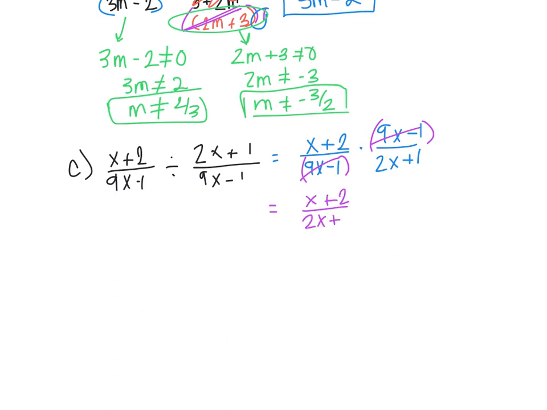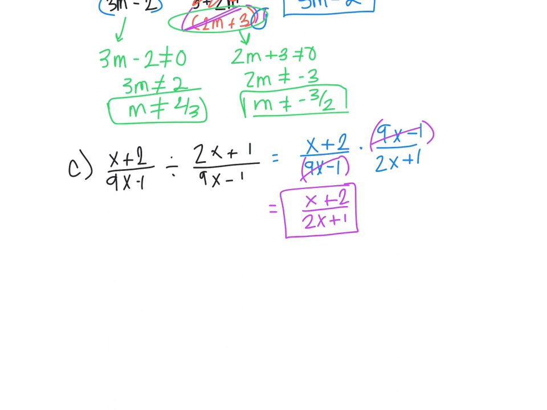And there is no simplifying we can do here. Again, we cannot cancel the 2 here and the 2 here. We cannot cancel the x and the x. It has to be the exact same numerator over the exact same denominator in order to make these cancellations. So this is it. We do need to think about restrictions though.